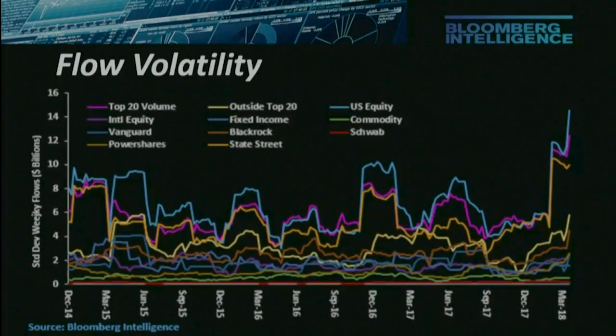For example, at firms like Schwab and Vanguard, they're just very cheap market cap exposure. You don't see a lot of trading there, even through market volatility. But some other sponsors have products that trade a lot more, like the sector products or levered ETFs. You see a tremendous amount of volatility in the flows with those sponsors versus some of these other ones. But then we also looked at certain asset classes, fees too.